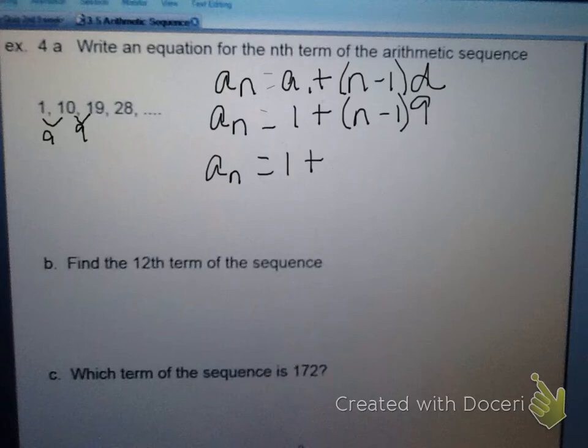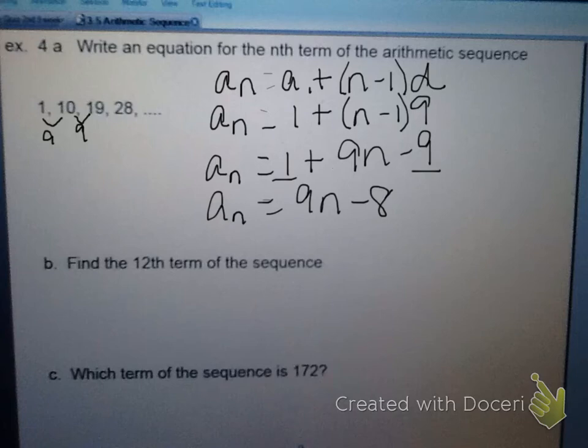So now I'm going to do the distributive property. That's 9n minus 9. Combine like terms. And so my equation for the nth term of this sequence is a sub n is equal to 9n minus 8. Now we can answer some questions about the sequence. Example B says find the 12th term.